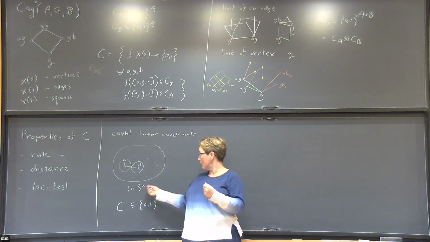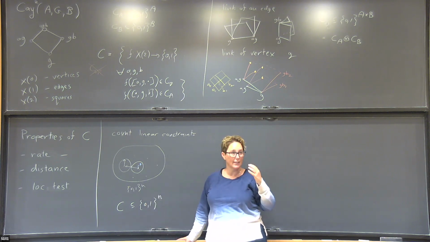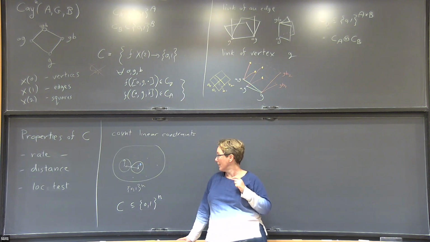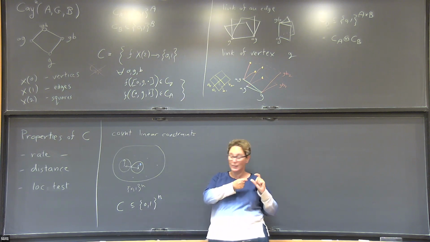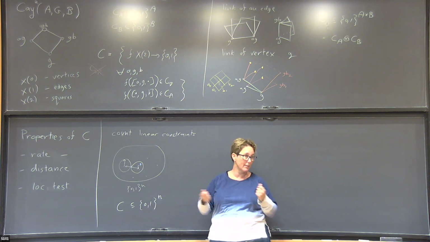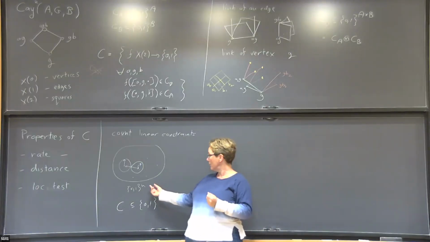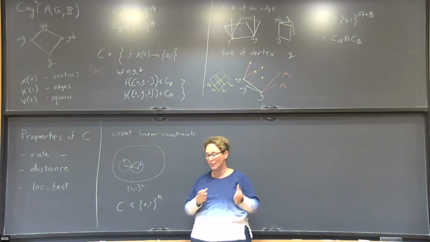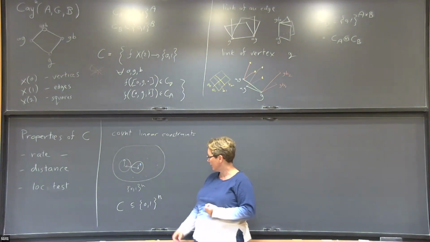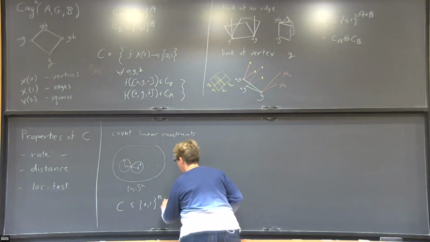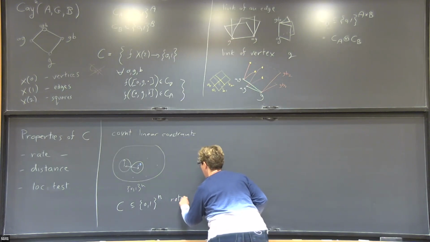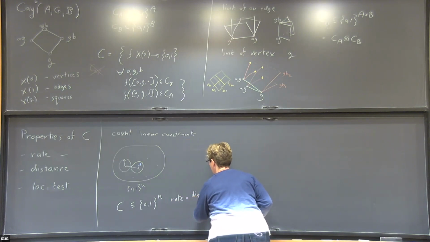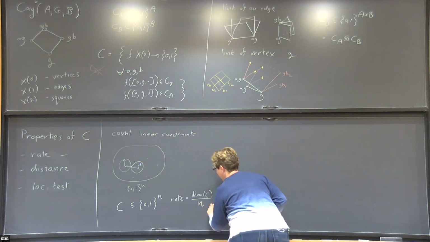If we allow some redundancy, and that was like the huge insight of this whole theory, is that you can even send a little bit of redundancy and you already can correct errors, right? So the rate measures how much real information you have compared to the number of bits you're sending. So the rate is just the dimension of C as a linear subspace divided by n.